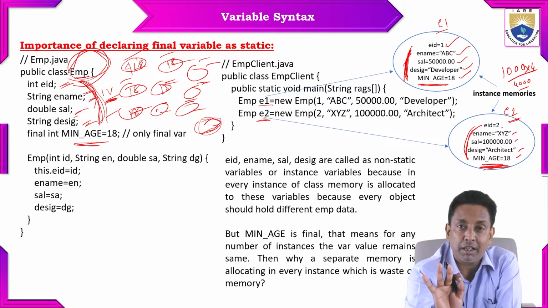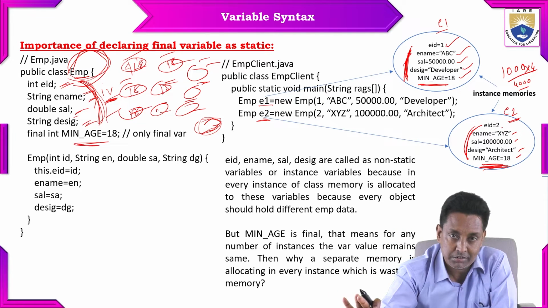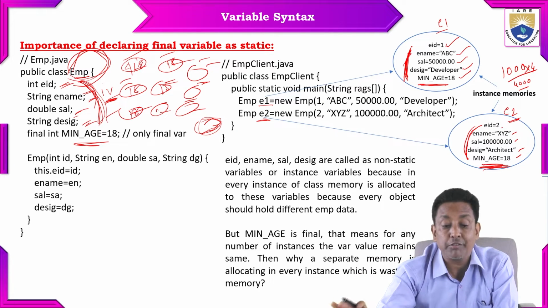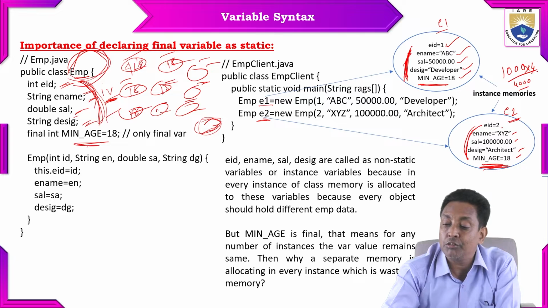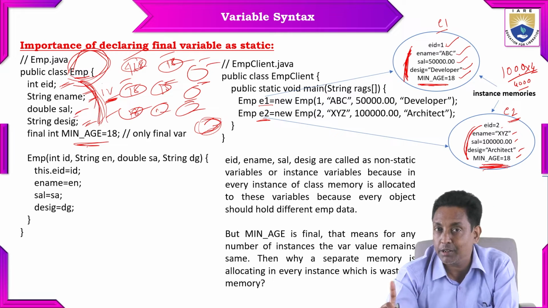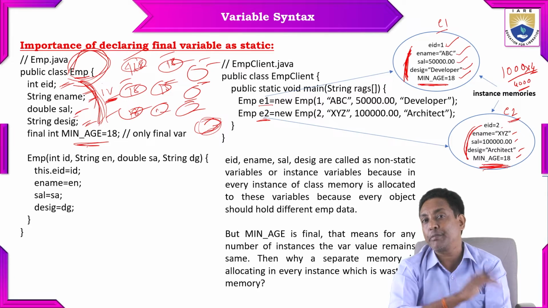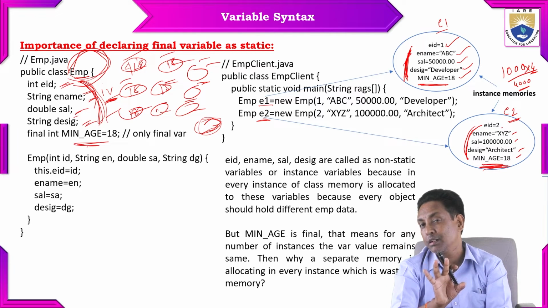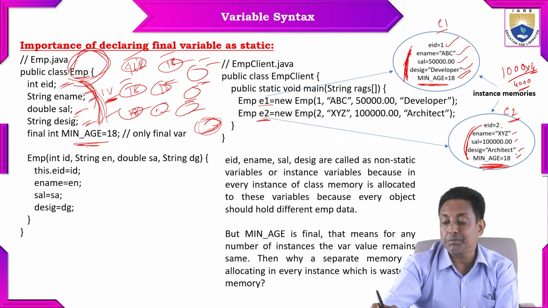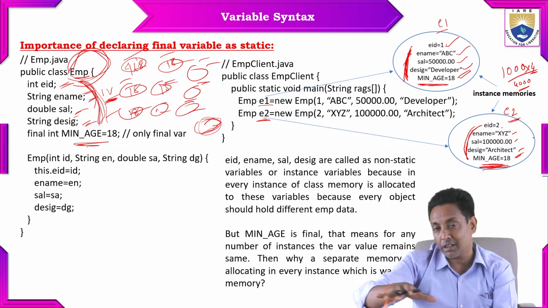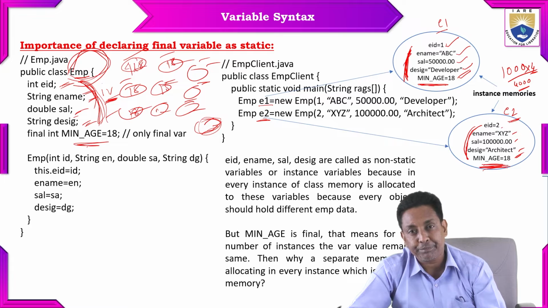If you create 1000 employee objects, and in such an employee class you have one final variable of int type, that is 1000 into 4 bytes for each int variable. Almost 4 KB of memory will be unnecessarily consumed. But the value of this min_age variable is constant across all 1000 objects.